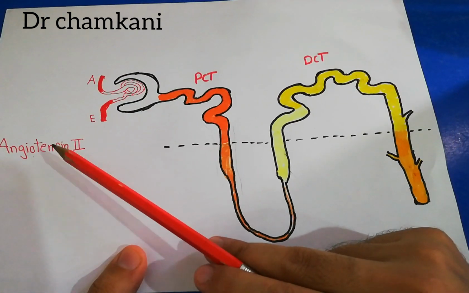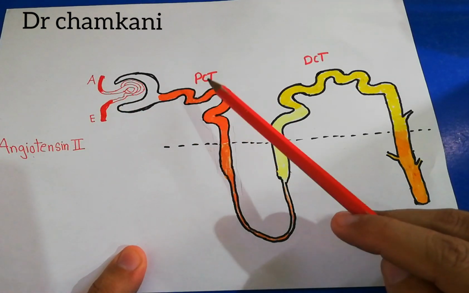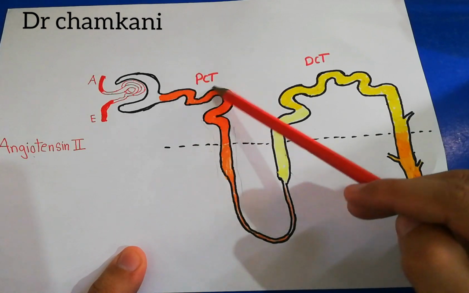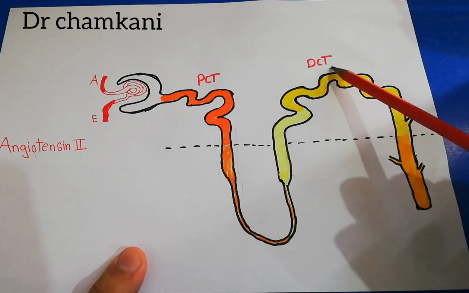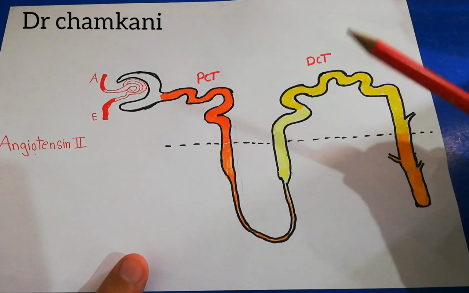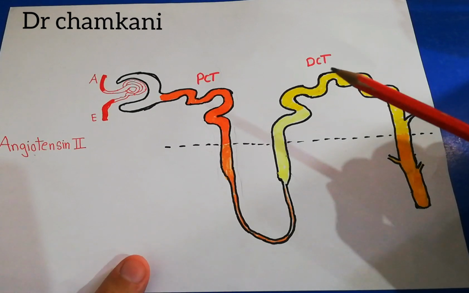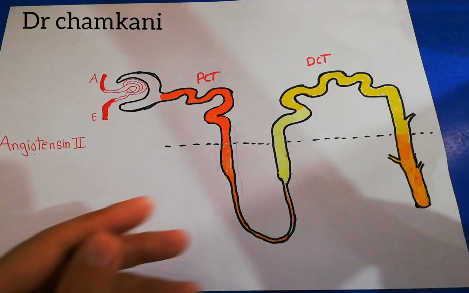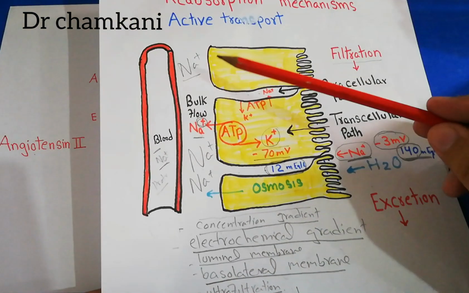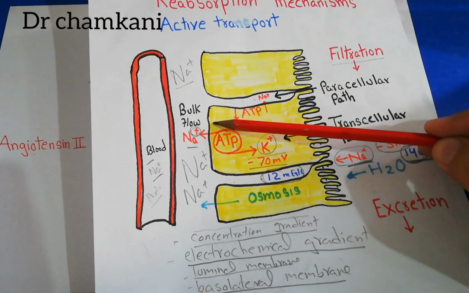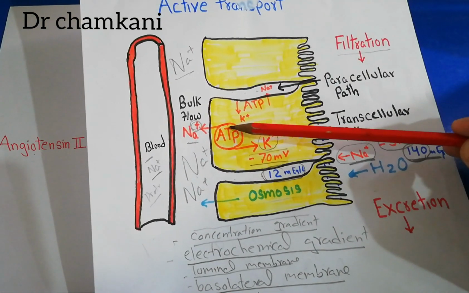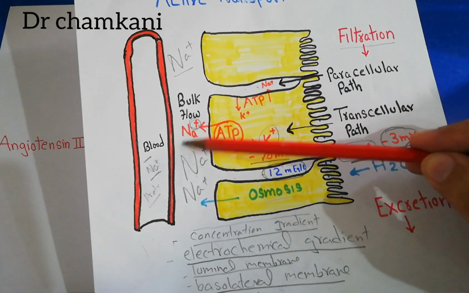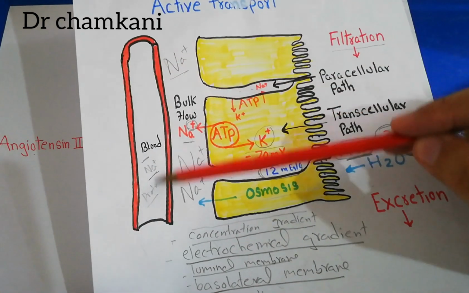Finally, angiotensin 2 directly stimulates the reabsorption of sodium from the proximal convoluted tubule and the distal convoluted tubules, and that action is achieved in two ways as well. One is the activation of the sodium potassium pump, and the other is the activation of the sodium hydrogen pump. So you see, here we have the basolateral membrane. Here we have the sodium potassium pump. This pump is activated and sodium reabsorption occurs into the blood vessels. These are the peritubular capillaries.